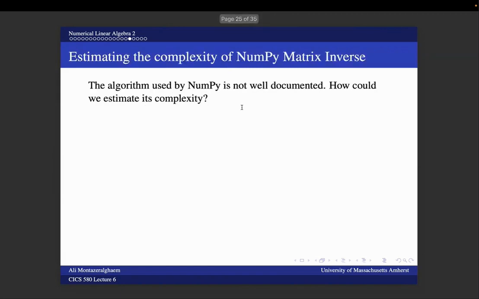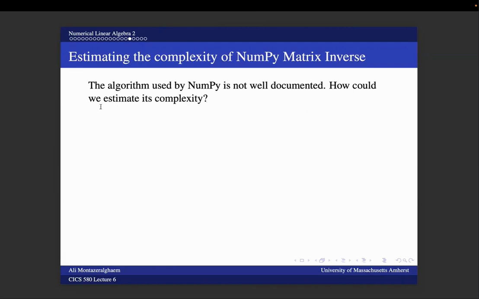But because we are working with NumPy in this course, we need to know the complexity of NumPy for finding the inverse of the matrix.